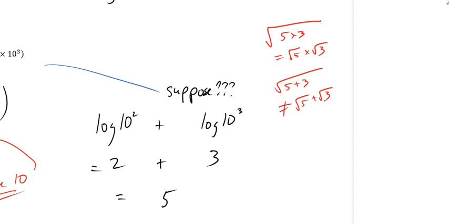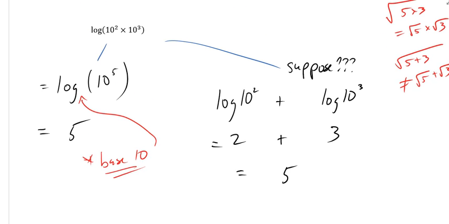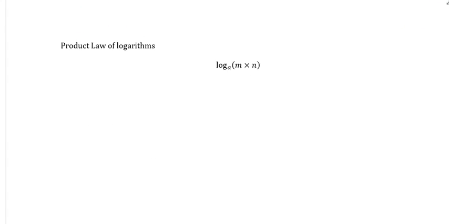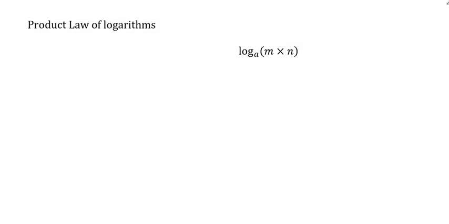So some properties are true for multiplication but not addition, or vice versa. So we need to know when we can do what. And the same for exponents. Square roots are just exponents. When you're multiplying powers with the same base, you can add the exponents, but not if you're adding powers with the same base. So this is the same idea. You are multiplying here, so then we can add. It does work. Okay, but let's prove it.